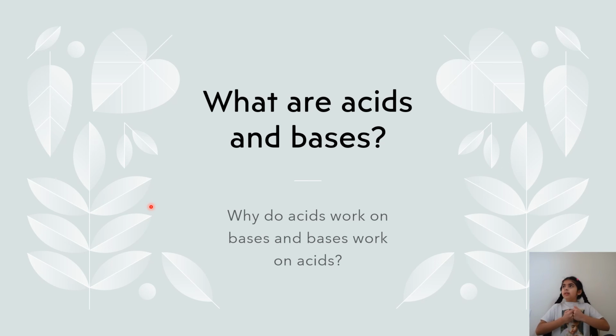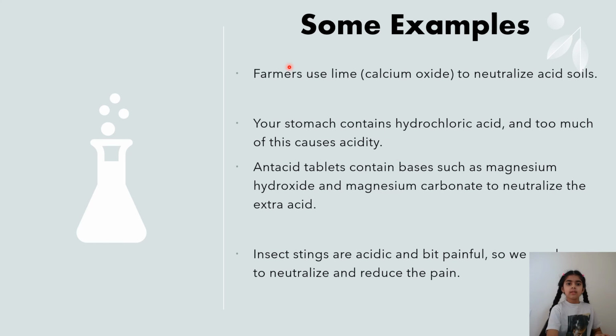Now we saw that acids can't work on acids and bases cannot work on bases. So they can only work on opposite sides. So we'll take some examples.